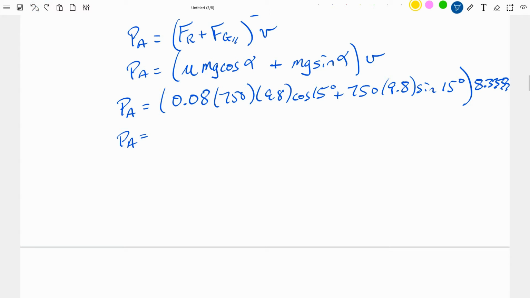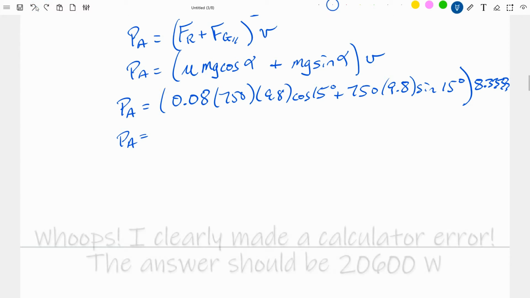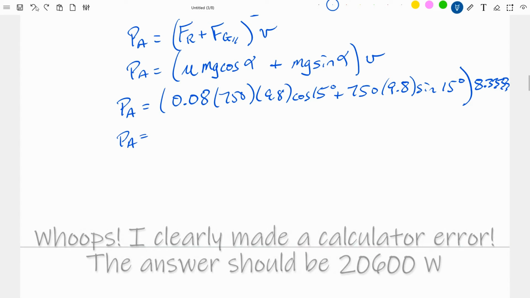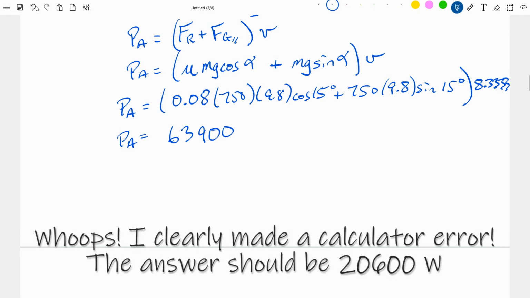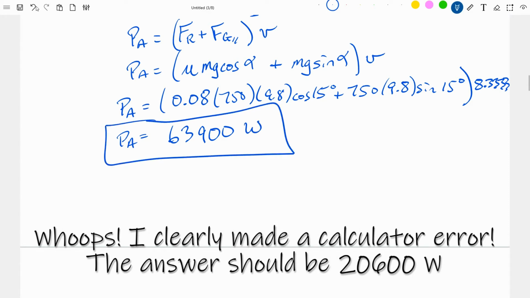The answer that I am getting, I'm just going to record it to 3 sig figs. The calculator says 63895, etc. I'm just going to say 639, and then 2 zeros, yeah. There we go. So 63,900 watts. And that should do it for part B.